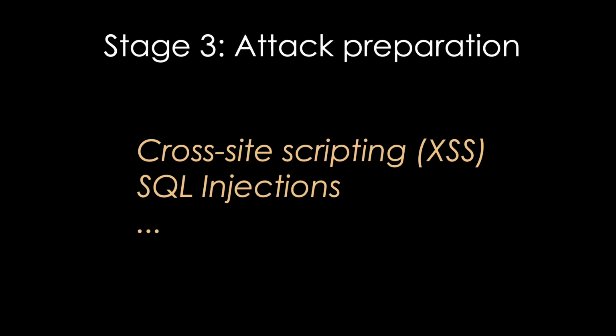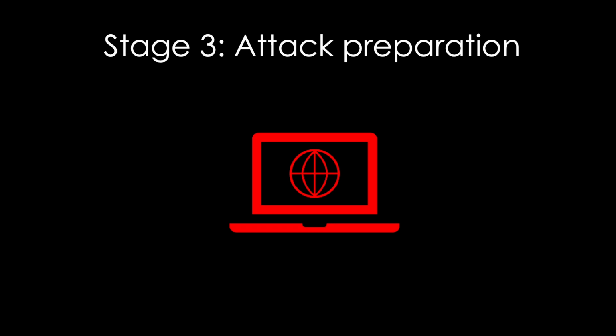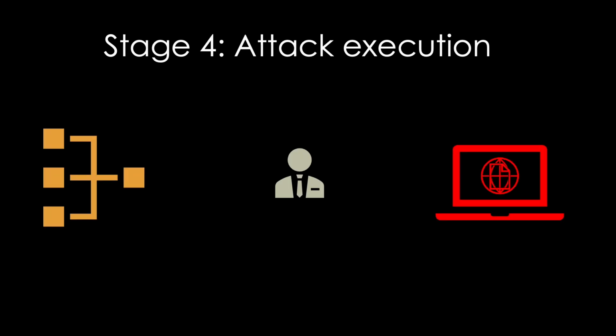The result of the attack preparation is a compromised website or web service. And this compromised website is then used for stage 4, the attack execution, meaning the employee downloads the malware or you upload the malware via the employee onto your target company network.